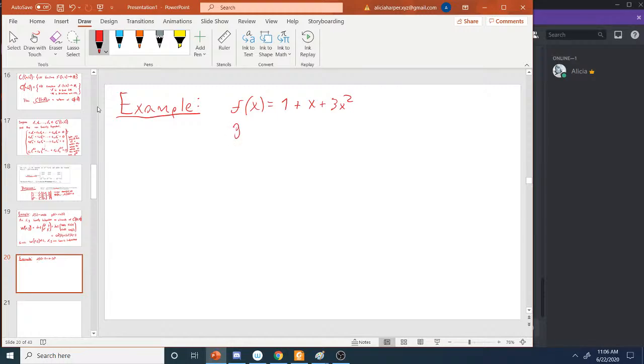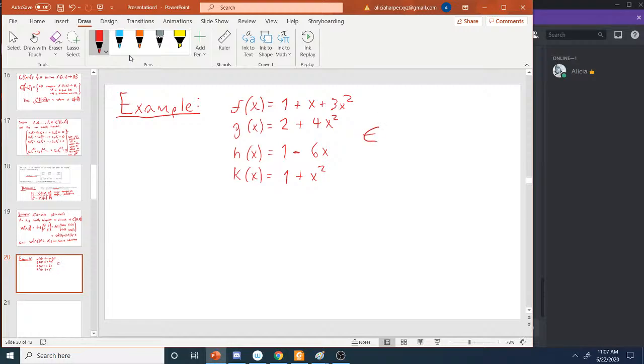And then g of x equals, how about 2 plus 4x squared. And then h of x equals 1 minus 6x. And then finally, k of x, which will be equal to 1 plus x squared.